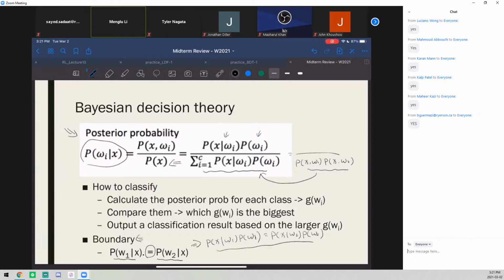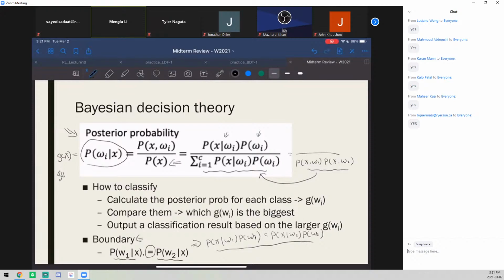Okay, and we can also view the posterior probability of each class as a discriminant function g. So we can always write g equal to this.